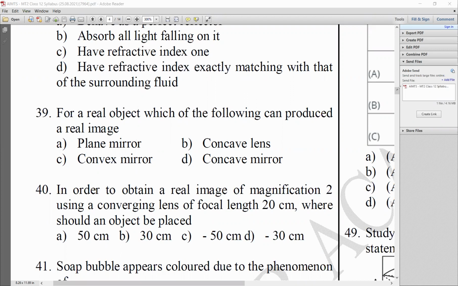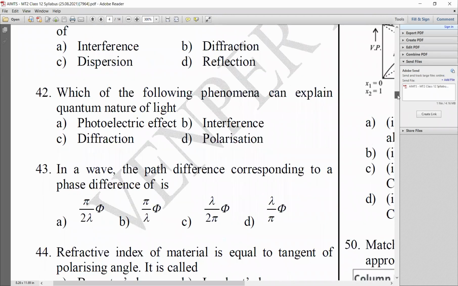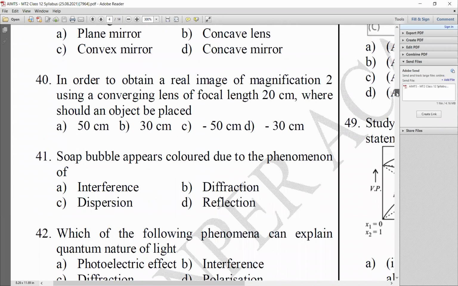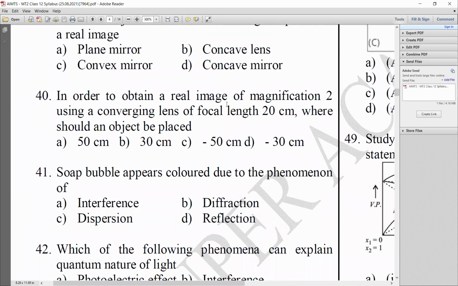Number 40. In order to obtain a real image of magnification 2 using a converging lens of focal length 20 cm, where should an object be placed? So the real image of magnification 2. Real images are always inverted, right? Magnification is h dash by h, so magnification will be -2, because h dash will be inverted.